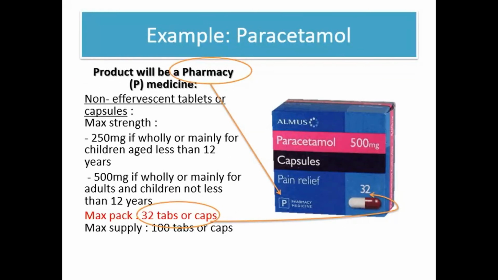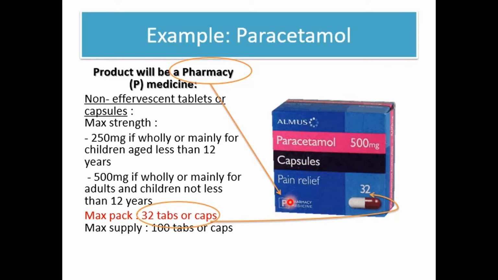So as an example here, I'll use paracetamol again. For the product to be licensed as a pharmacy or P medicine, it has to have a maximum pack size of 32, and the restriction in terms of the supply is that the max you can supply is 100 tablets, which is a bit random because obviously multiples of 32 do not make 100, it makes 96.